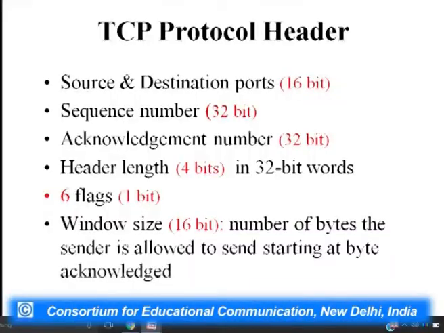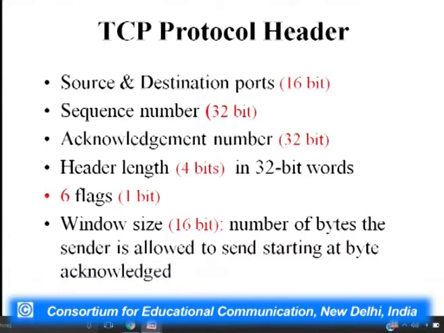Now, let me explain what each field means. Source and destination ports are each 16 bits, as we talked about in the case of UDP; the same is true in TCP. The sequence number is 32 bits. Each segment has a unique sequence number, and consecutive segments will have successive sequence numbers.